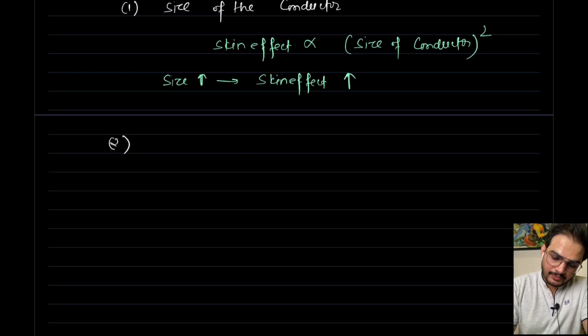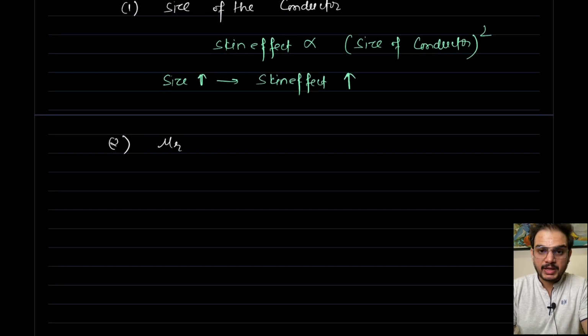Now the second factor is mu r, that is permeability, which represents the magnetic property.